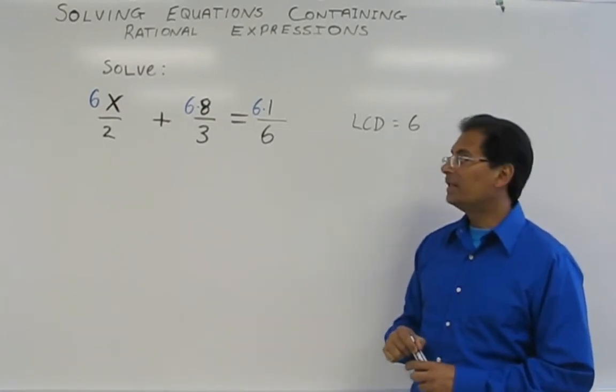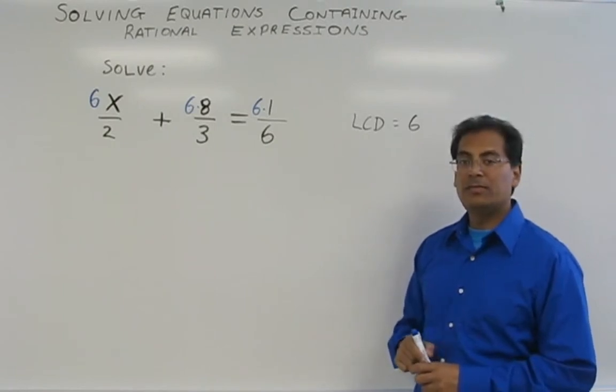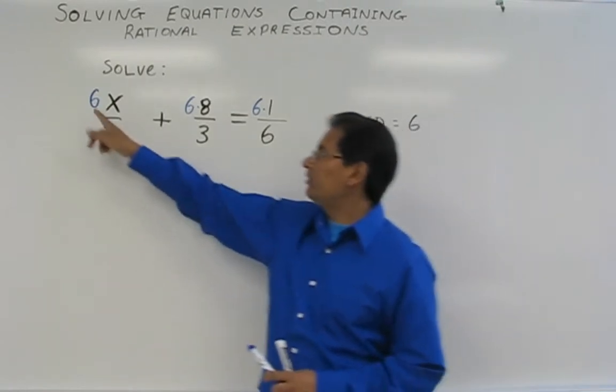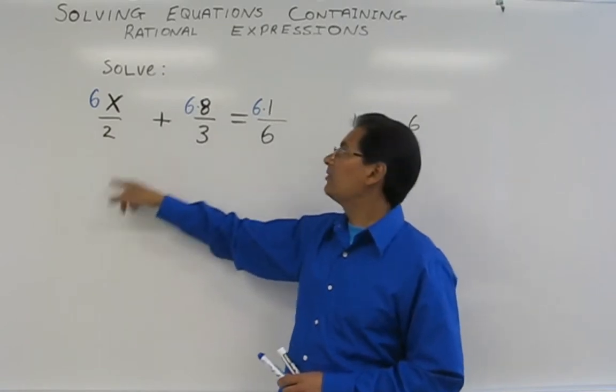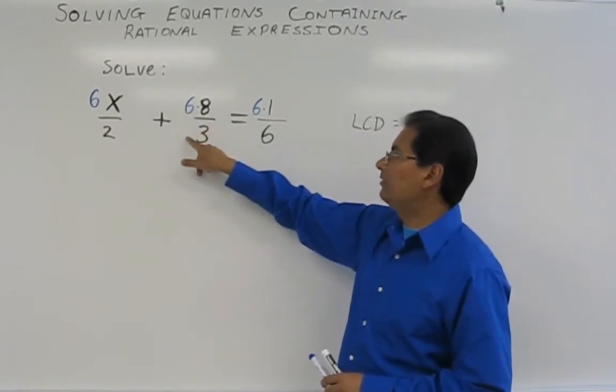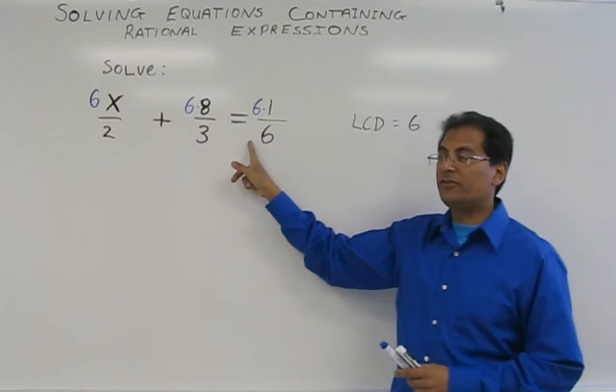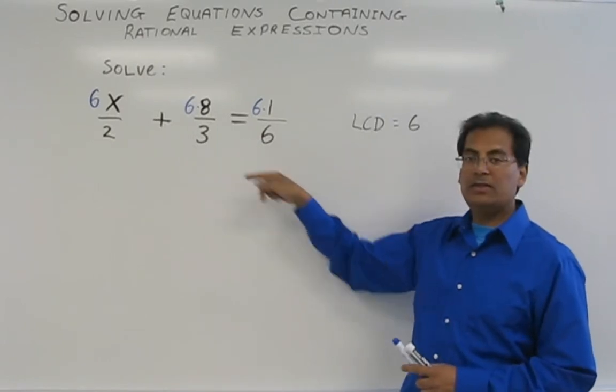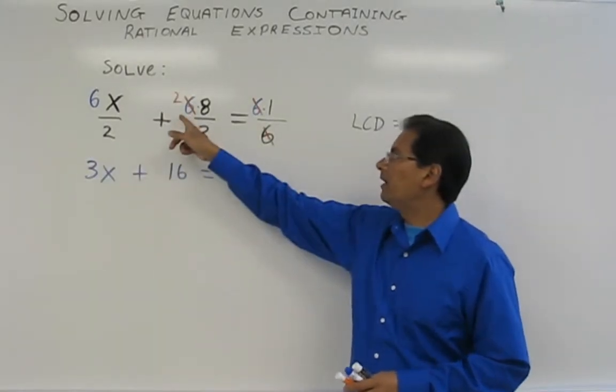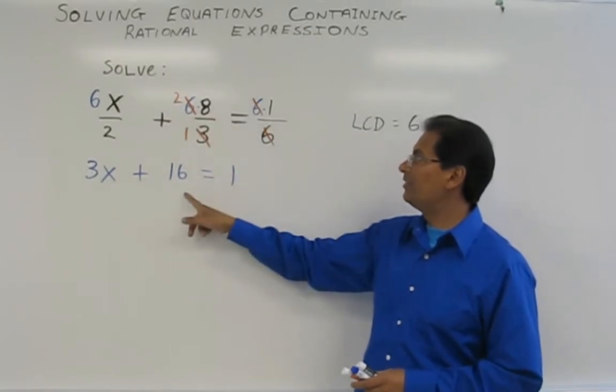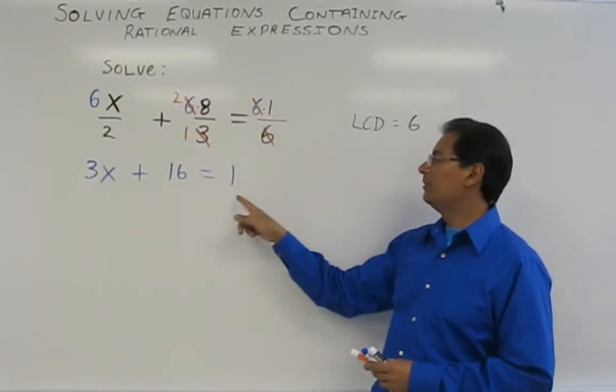And notice that the 6 will cancel with things below. So in other words, 6 divided by 2 gives me 3x, and 6 over 3 will cancel to 2, and 6 over 6 will cancel to 1. So what we end up with is 3x, and then 2 times 8 is 16, and these 6's will cancel to give me 1.